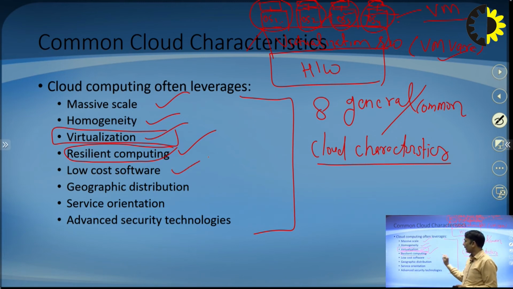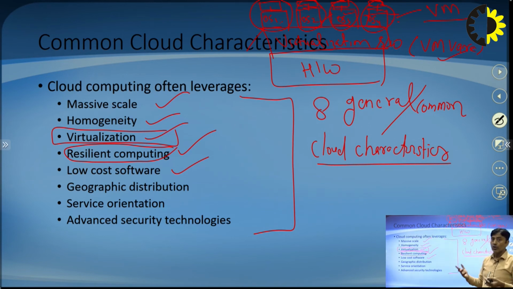Low cost software. Here we can use different application software at comparatively low cost. If we purchase that software, it will be more costly than these services, because here the services are shared among multiple people with the help of virtualization and virtual machines.